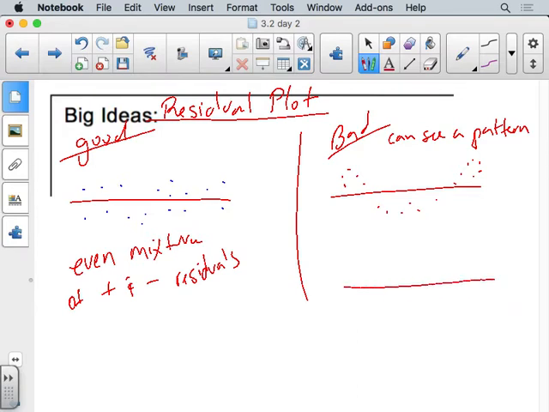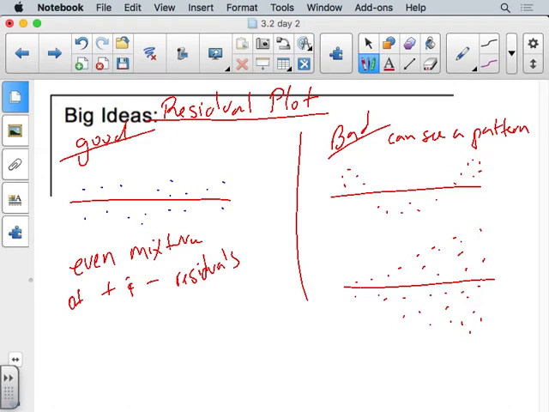Sometimes they've even talked about one where you have a little bit of data at the beginning, and it's evenly mixed, but then all of a sudden it becomes cone shaped. Even that shows me this is not a good scatter plot for linear data.